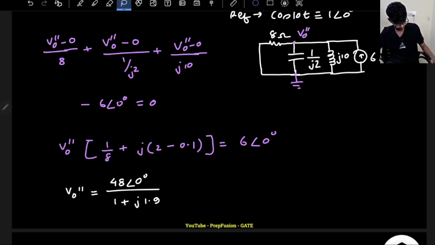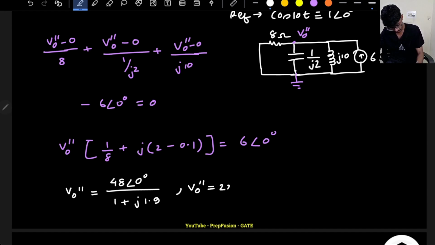So this is the square root of 1 squared plus 1.9 squared. So VO double dash equals 2.14 into 48, so this will be 22.356, and the angle is tan inverse of 1.9 divided by 1, so it will be 62.24 degrees. So this is the voltage due to the current source.